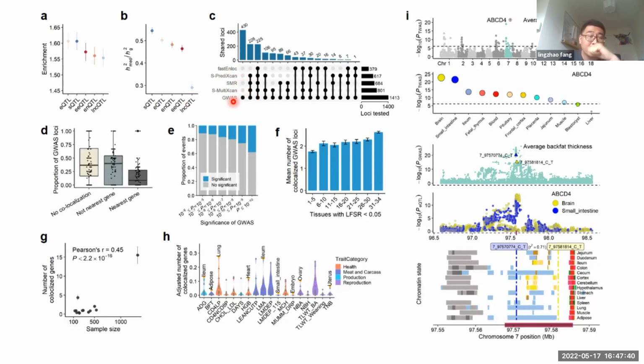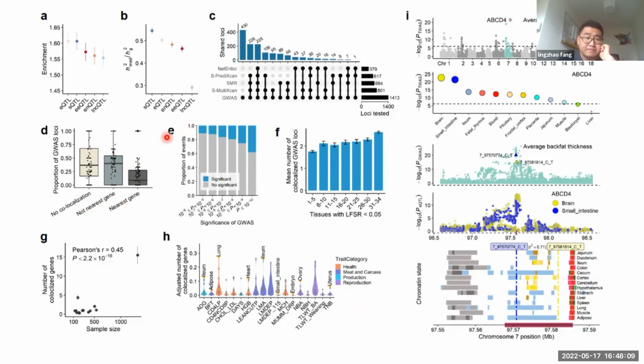And then we asked whether the genes co-localized with the GWAS loci are more likely to be the nearest genes of that particular locus or not. If you look at these two bars, in general we see a larger proportion of the co-localized genes are not the nearest genes of that GWAS locus.